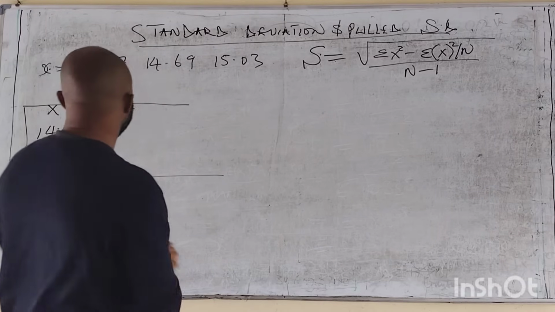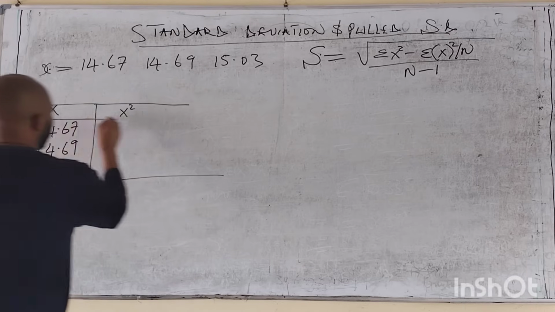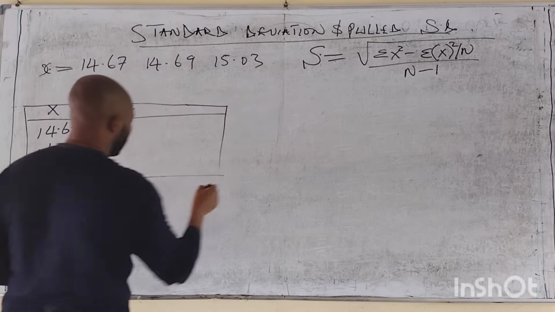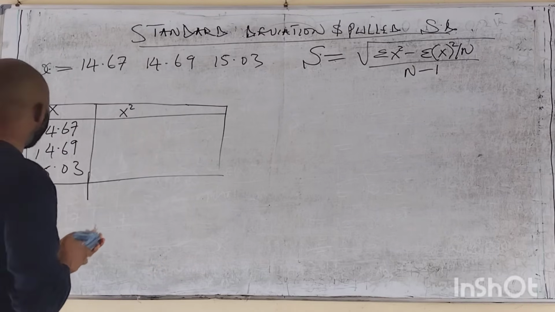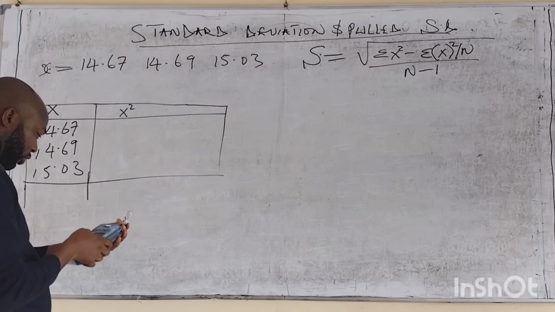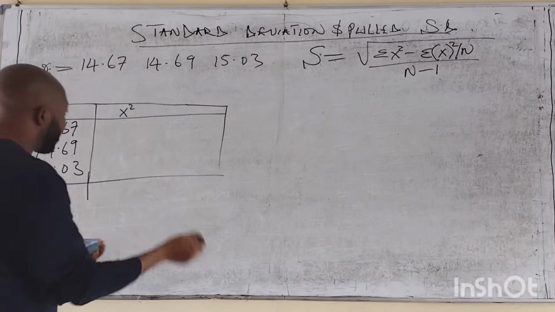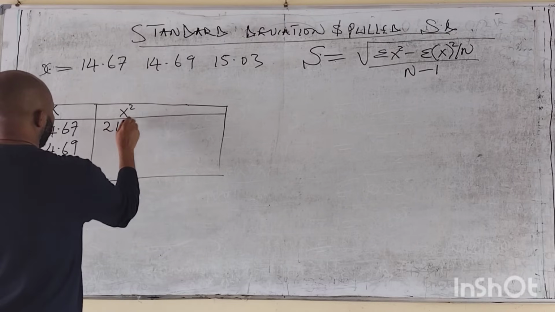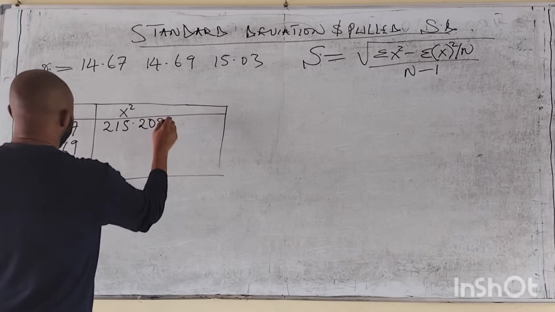So let's proceed. Now here we have 14.67 squared, 14.69 squared, which is 215.2089.